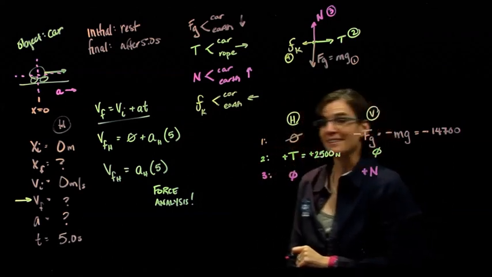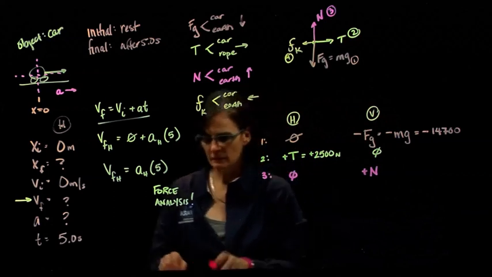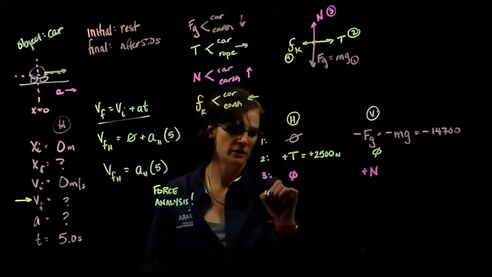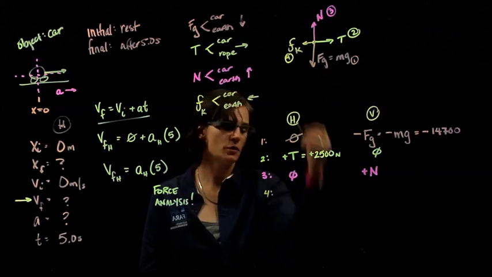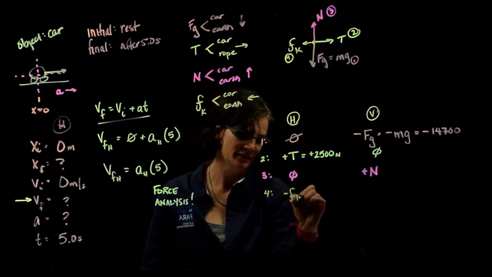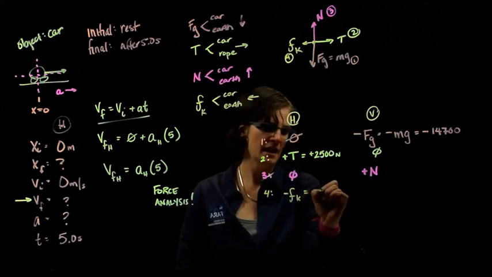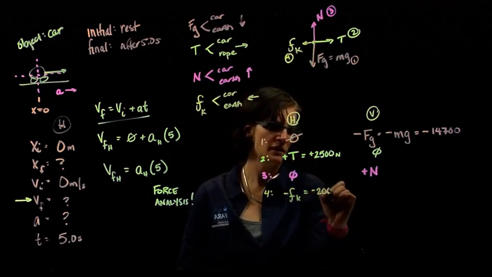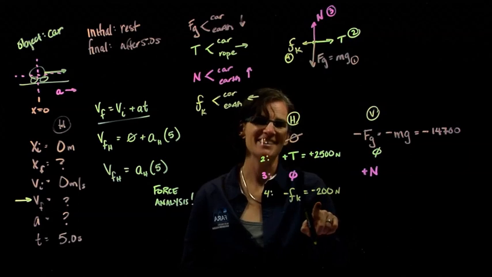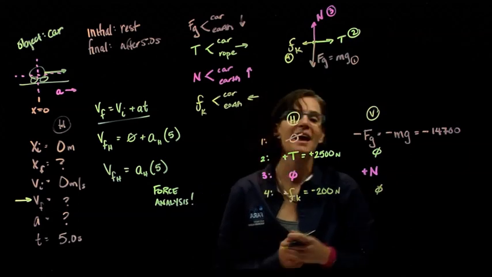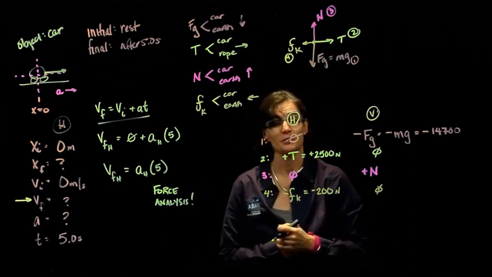That value is not given to me. And force number 4 is a frictional force. It's only in the horizontal direction and it's negative, moving to the left. And it is given as 200 newtons, so I want to make sure I keep that as my negative value. It does not have a component in the vertical direction.